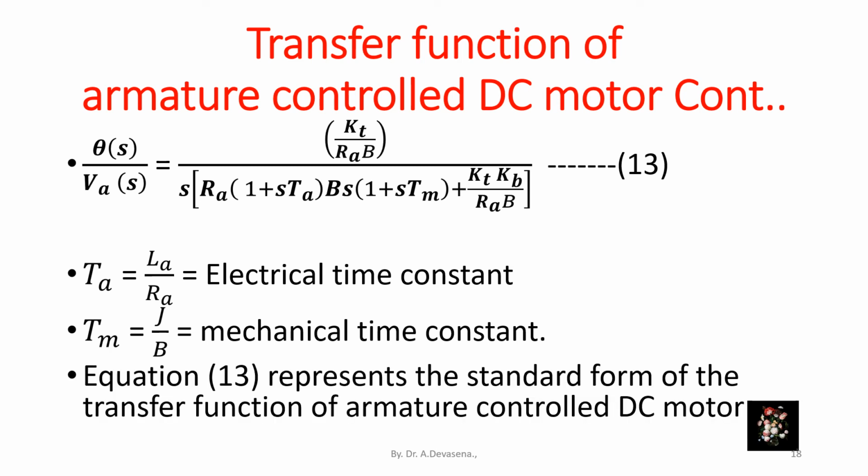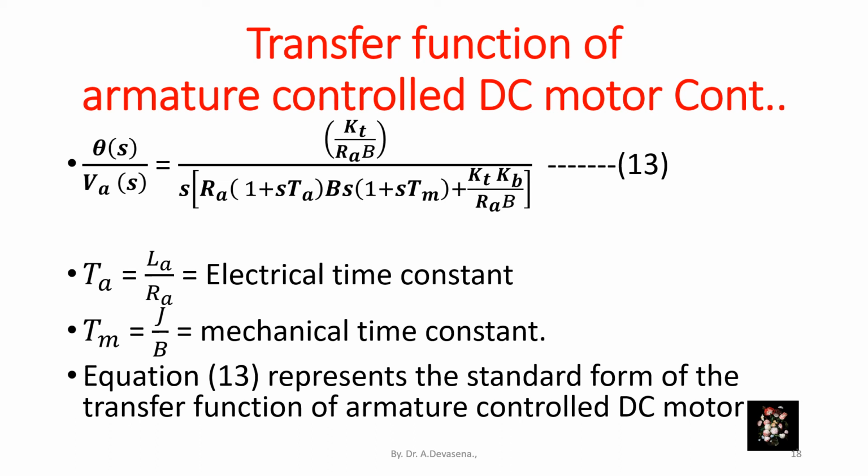So equation 13 represents the standard form of the transfer function of the armature controlled DC motor. In this armature controlled DC motor, the input variable is the armature voltage V_A, and the output variable is the angular displacement.